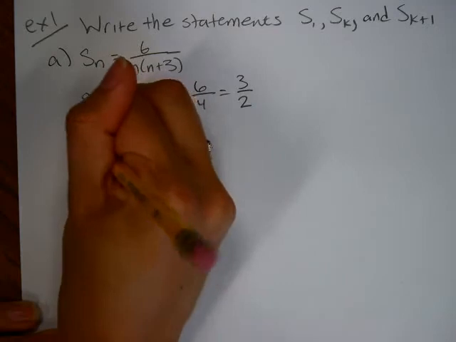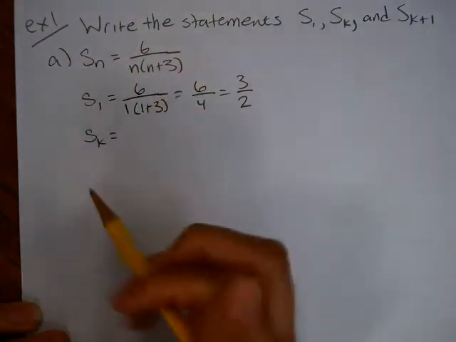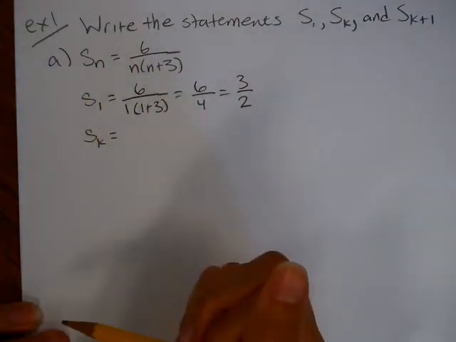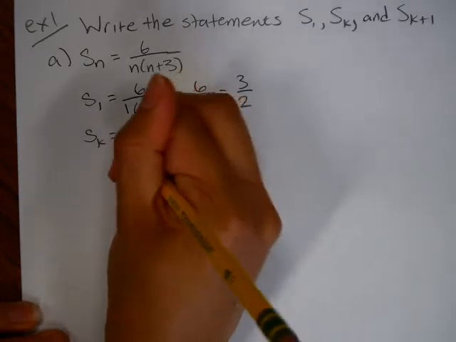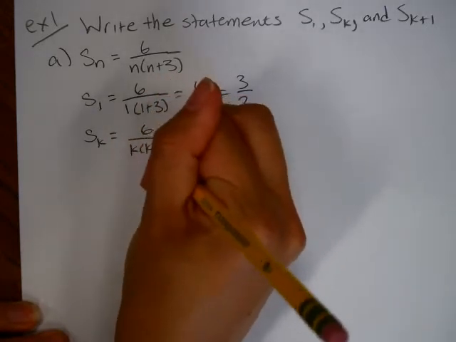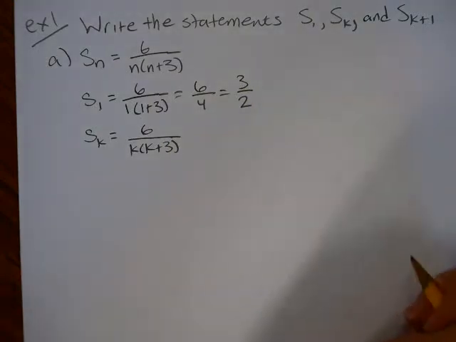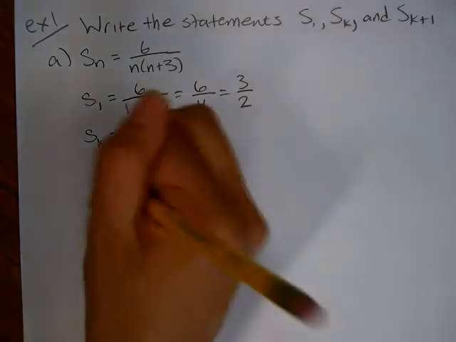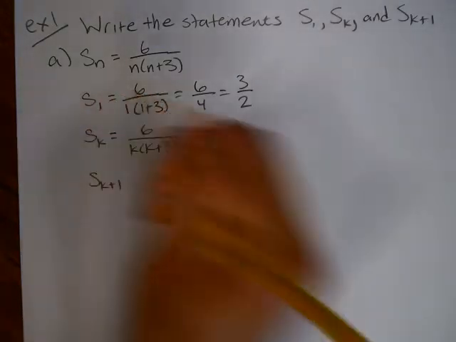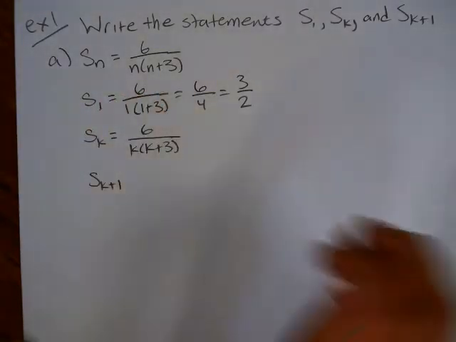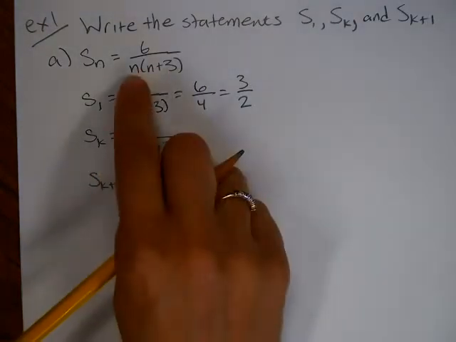To find Sk, we're going to plug k in for n. 6 over k times k plus 3. Can this be simplified at all? No. So we're done.